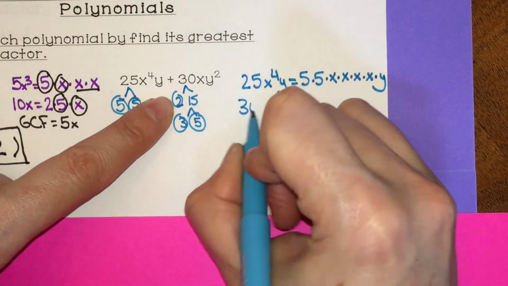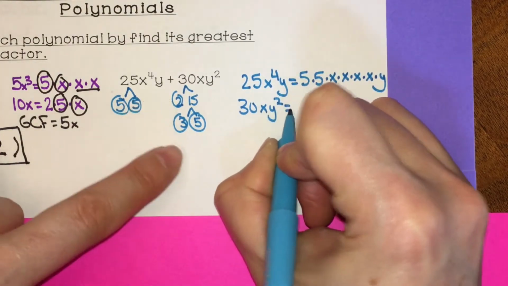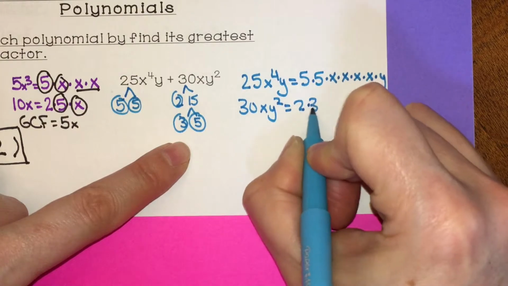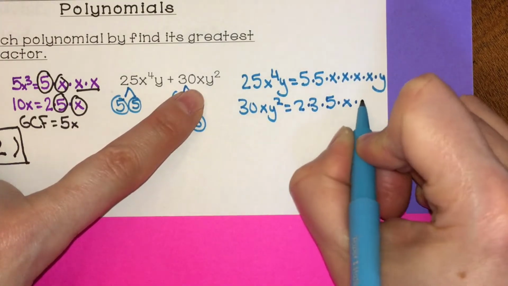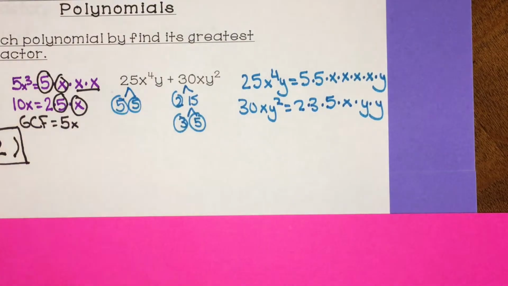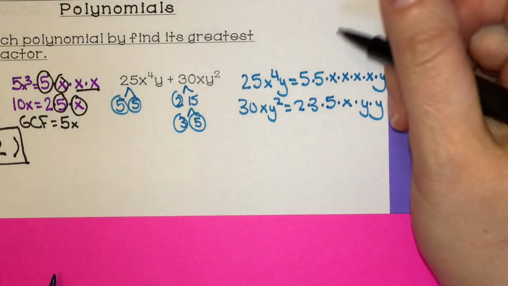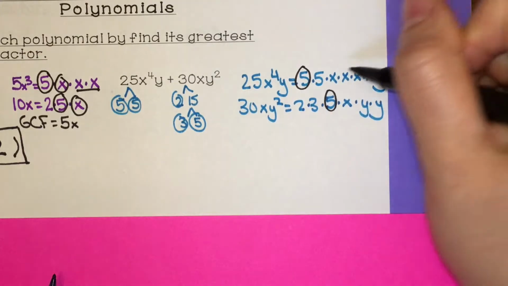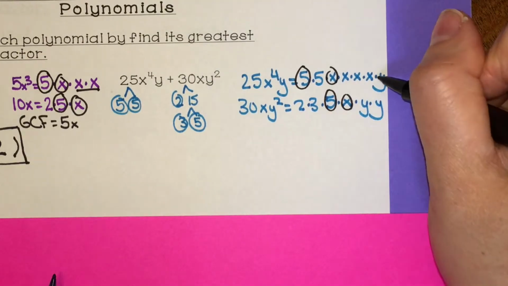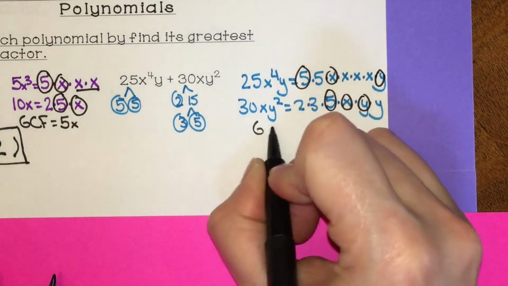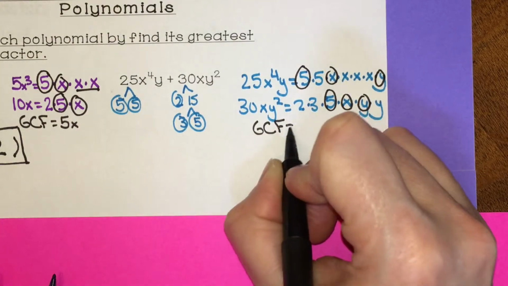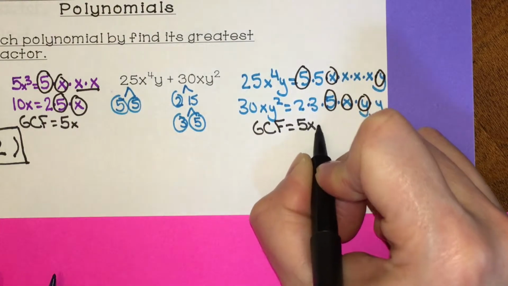And we have 30xy squared is 2 times 3 times 5 times x times y times y. So find their greatest common factor. They each have a 5, they each have an x, and they each have a y. So that means my greatest common factor is 5xy.